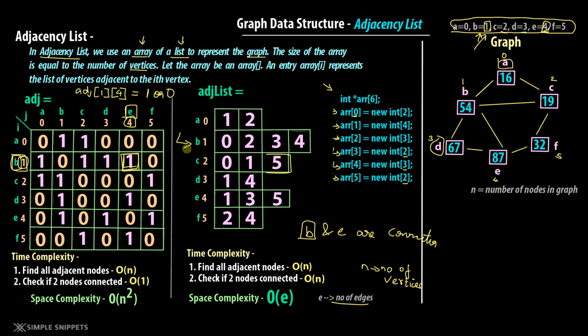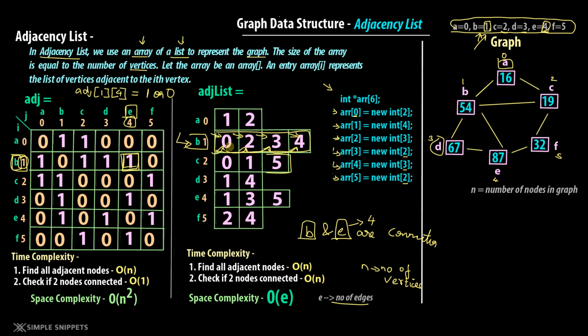Then I will go to this pointer, and now I will have to individually check each and every element in this array which corresponds to E's index. What is E's index? E's index is 4. So I'll have to go to 0. Is 0 equal to 4? No. Then I have to go over here. Then I have to go over here. And lastly, I will figure out, okay, 4 is there in this individual array for B, which means that B and E are connected, right?